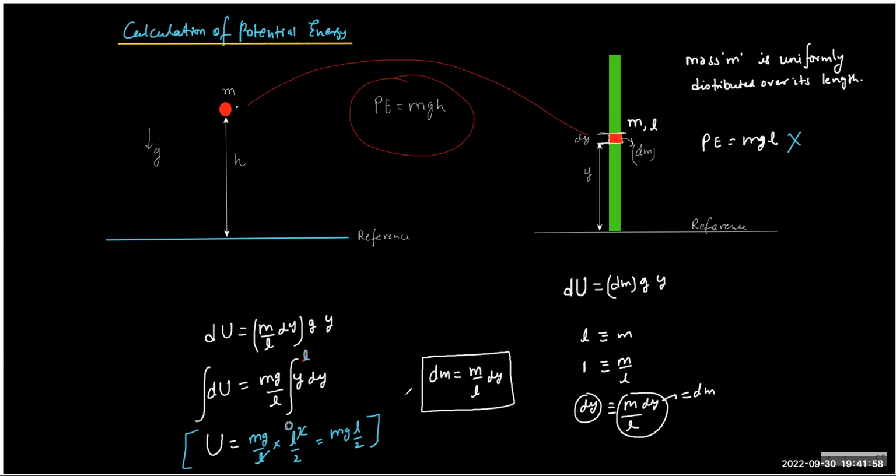So we cut something elementary, and the moment we cut something elementary, we are able to use the physical relation, because the element is cut in a fashion that allows the formula to be used. And then once we do so, we integrate to get the net answer.